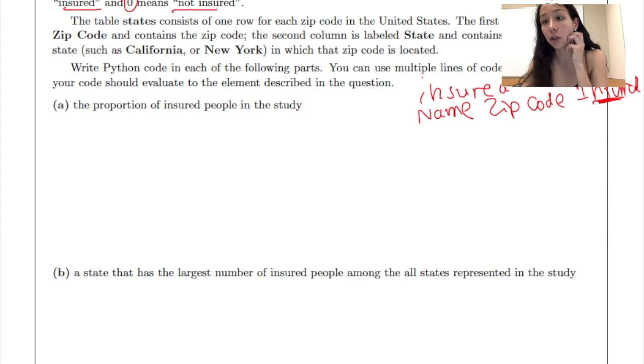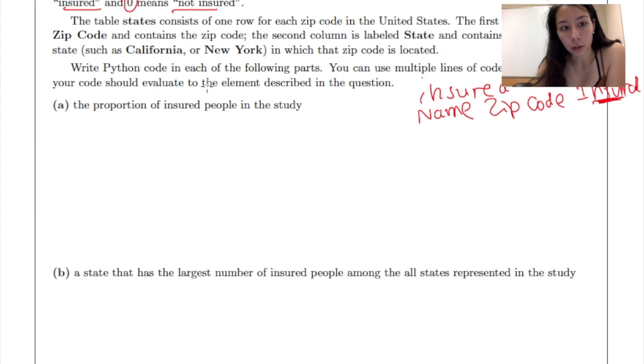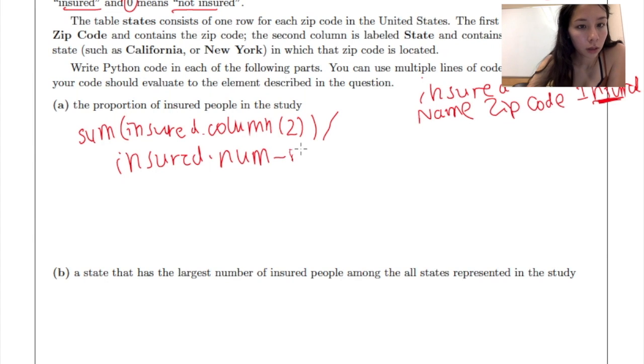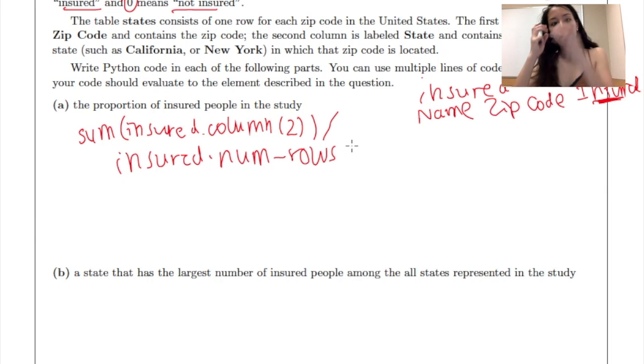And the people who aren't insured, because they have a value of 0, aren't going to contribute to this. So what we want to do is sum of insured column, and then we want to divide that by the total number of people in the study, which would be insured num rows. Okay, so that's part A.